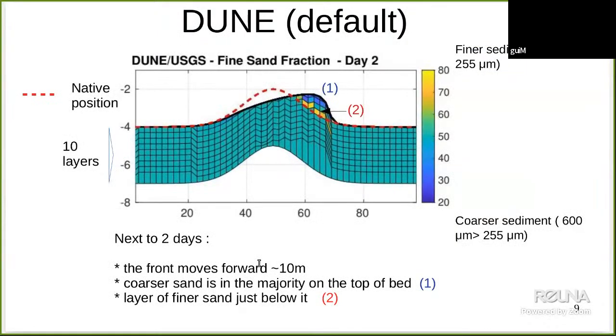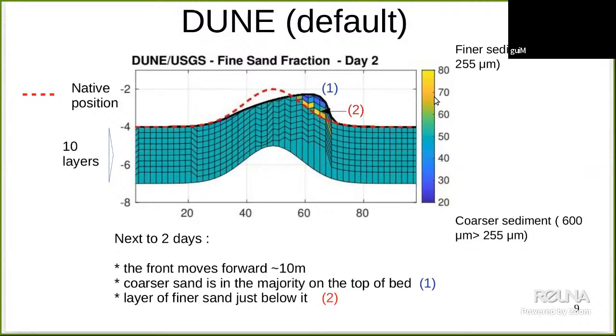So as a result, we have 10 layers of sediment here. In red you have the bed position at the beginning, and the point is to see what happens over the next 2 days of simulation.